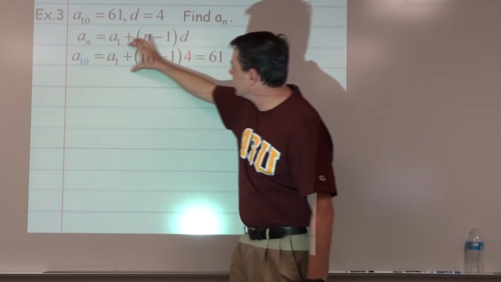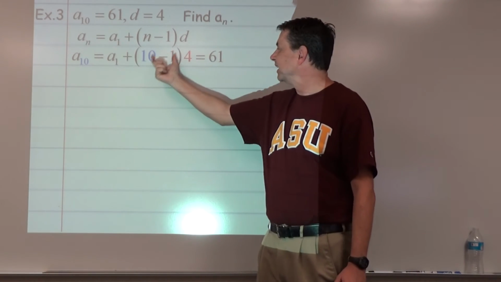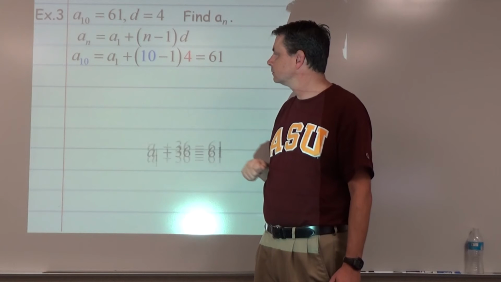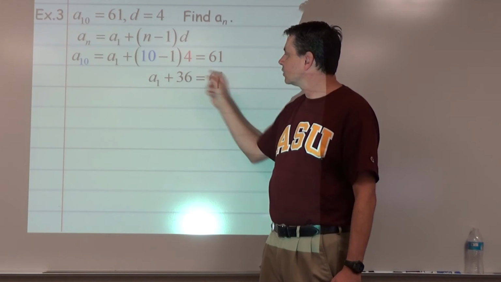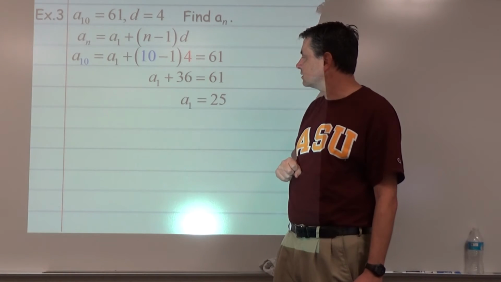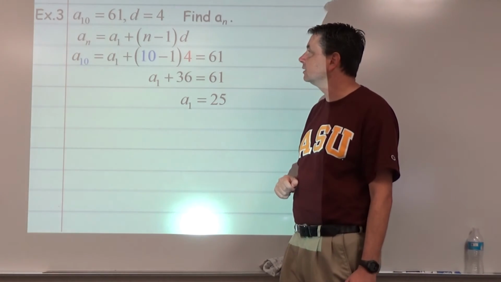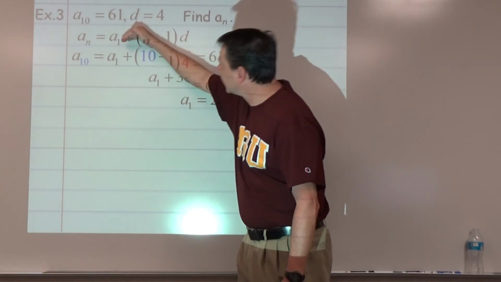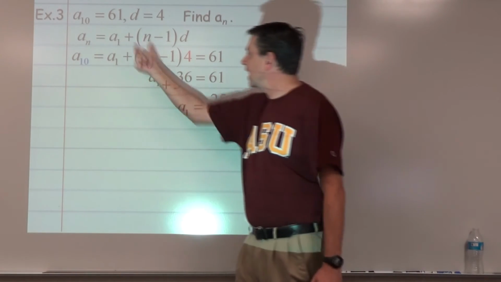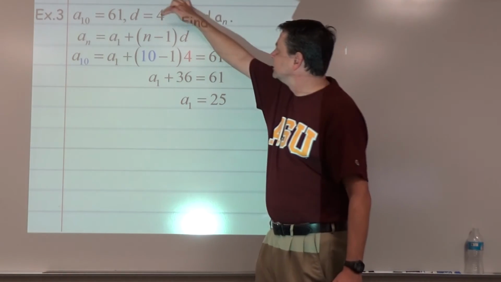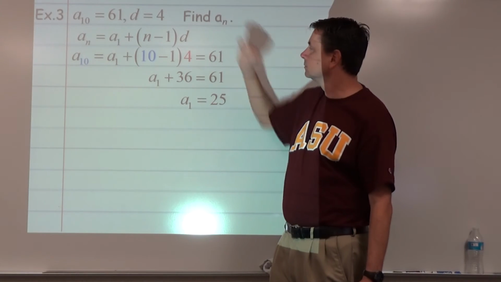So here's our equation right here. Talking about 9 times 4. Subtract 36 from both sides. We got a sub 1, our first term, is 25. Now let's go back to the original problem. That goes there. d goes here.